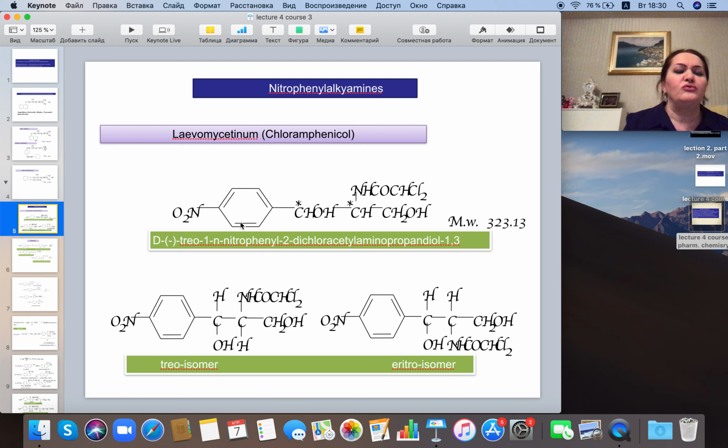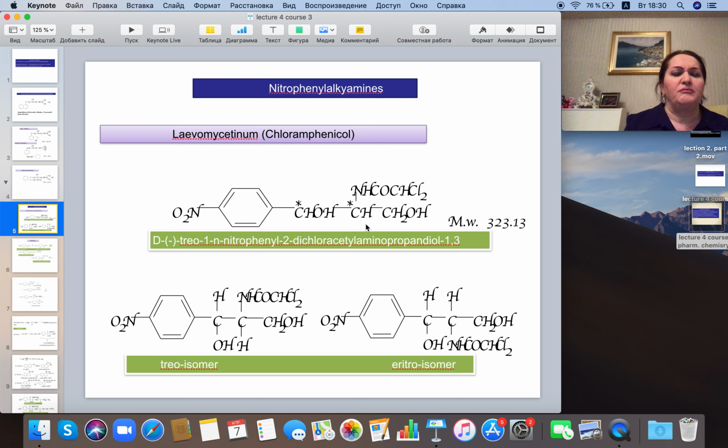Today we take aromatic structure antibiotics, for example the derivatives of nitrophenylalkylamines, levomycin. You know that antibiotics are substances produced by microorganisms that inhibit or destroy other microorganisms.